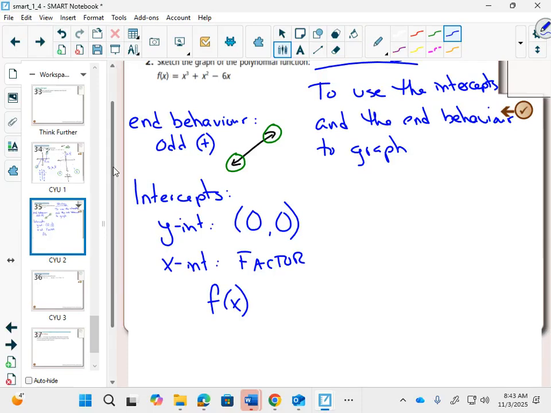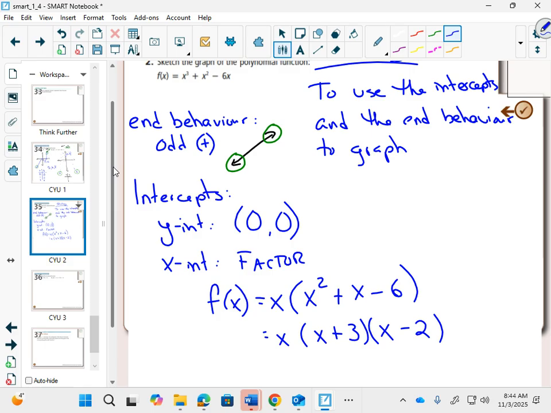So I can take that common factor of x out, leaving me with x squared plus x minus 6. And we get our 3 x-intercepts.